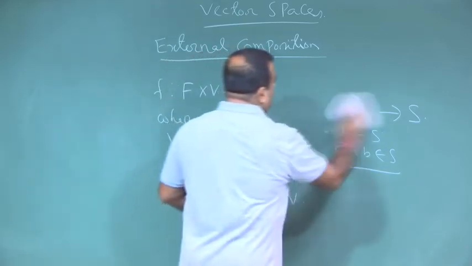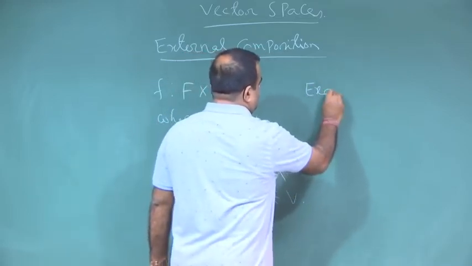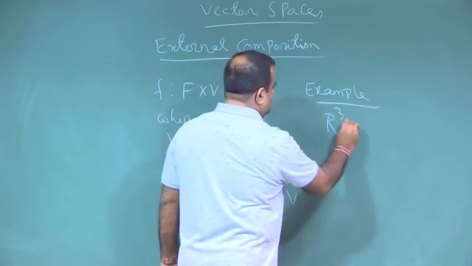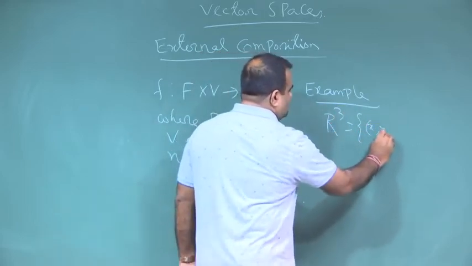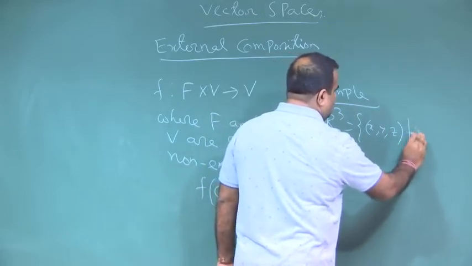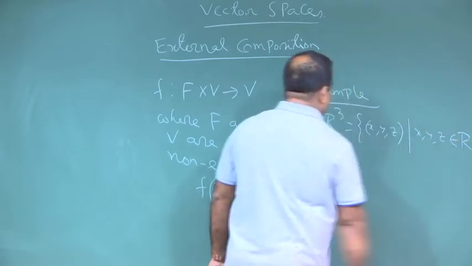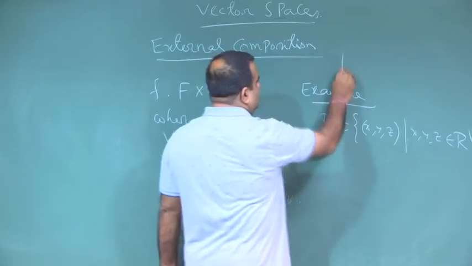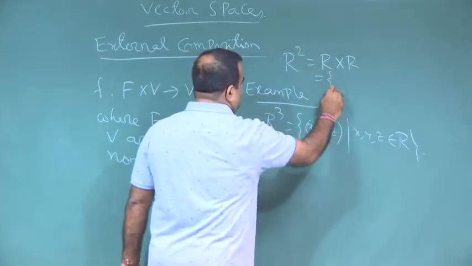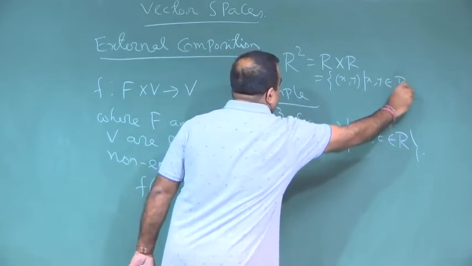For example, say we have R 3, which is basically x, y, z, where x, y, z are coming from R. You know R 2 is the Cartesian product R cross R, so it is basically x comma y, where x and y are real numbers.